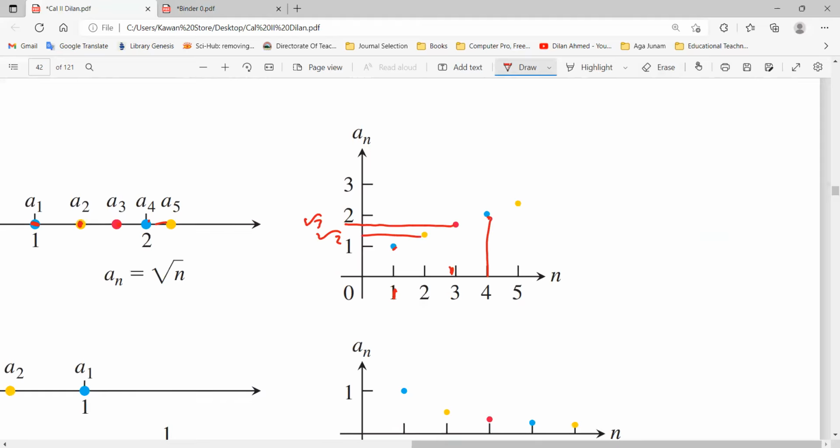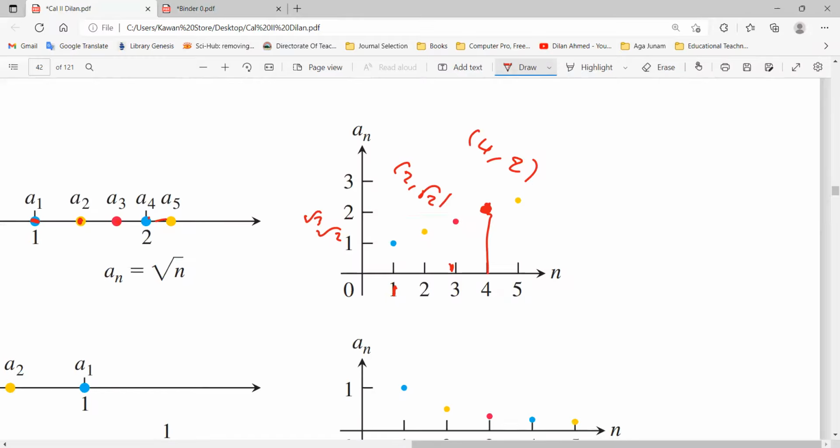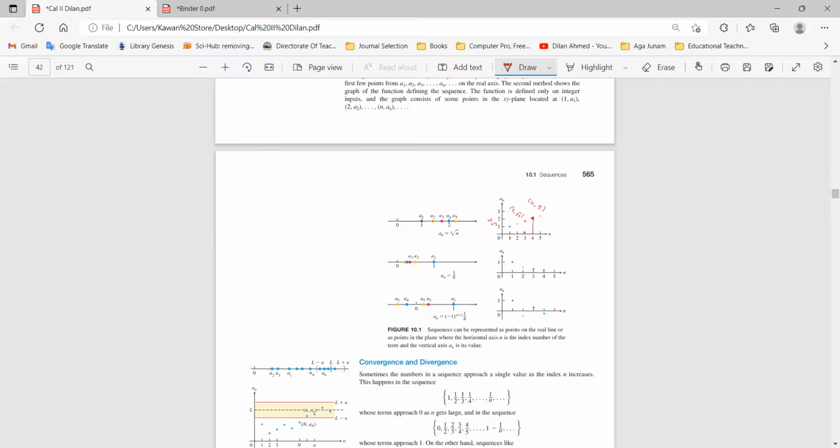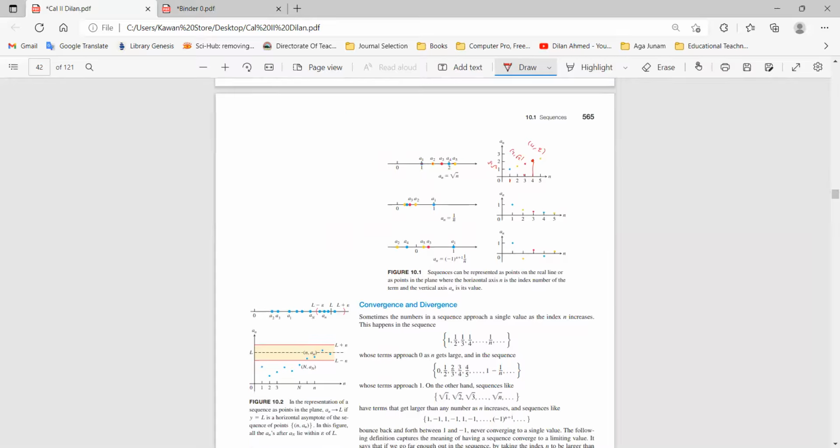When I have 4, I will get 2. Understood? So that point, if I mention that when I see 4 over x axis, 2 over y axis, am I right? If I mention that yellow point, I see this one is square root of 2. You got it. And the same thing is true for the rest.